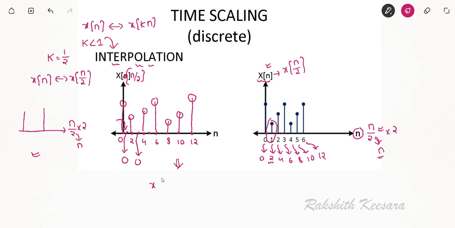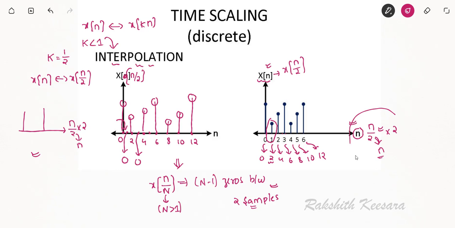If we need to plot x of n by n, where n is greater than 0, we need to insert n minus 1 zeros between two samples. You can either follow this procedure or you can follow the regular procedure, but I prefer this.